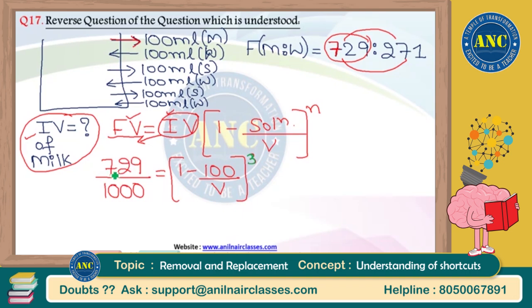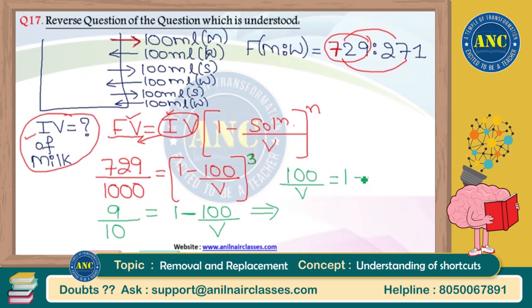That means the cube root of 729 happens to be 9. Cube root of 1000 happens to be 10. Cube root of the right hand side, it will cancel out. 1 minus 100 by V. So if I simplify, minus 100 by V, I will shift it to the left hand side. It becomes plus 100 by V. Right hand side is 1 minus 9 by 10.